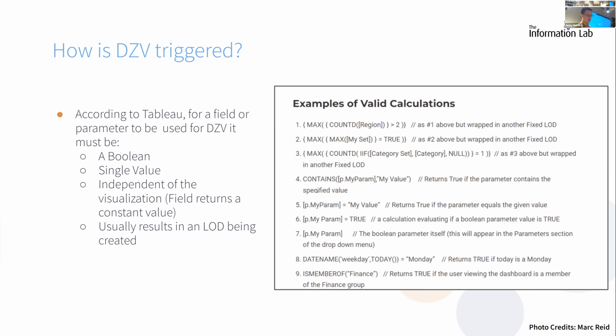You can also see that parameters can be a Boolean as well, so parameter equals a certain value. And then some of the more interesting use cases that I haven't actually been able to use yet would be something like username or is a member of. You can look at the groups that different Tableau users are within and trigger the visibility of certain sheets or objects based off of their groups or their username, for example.